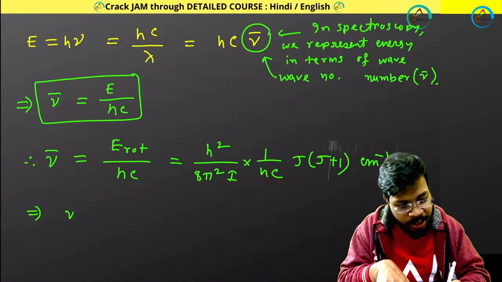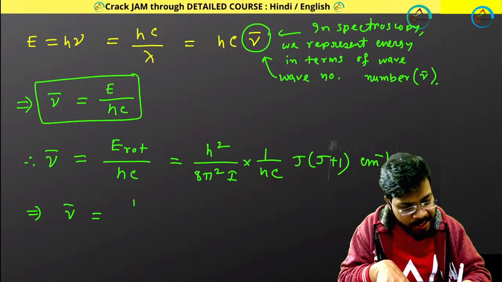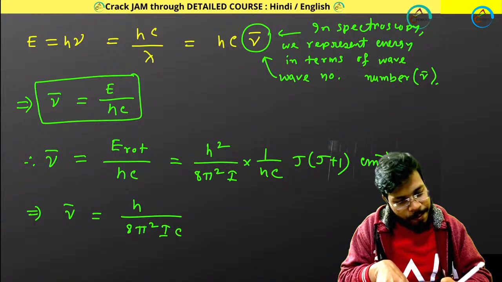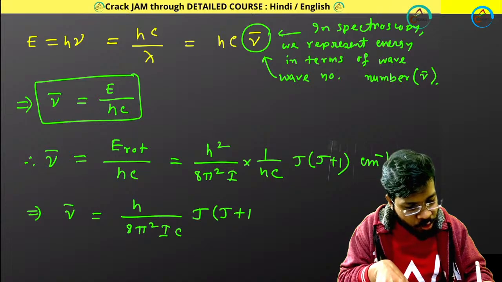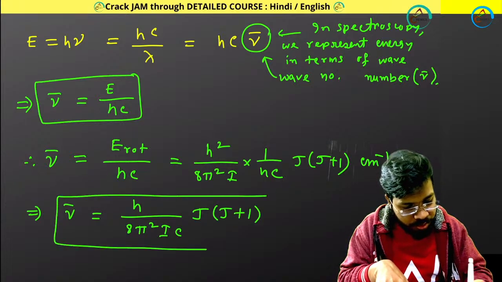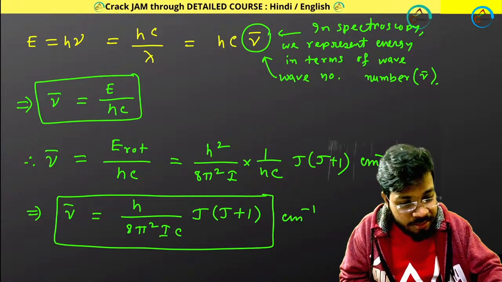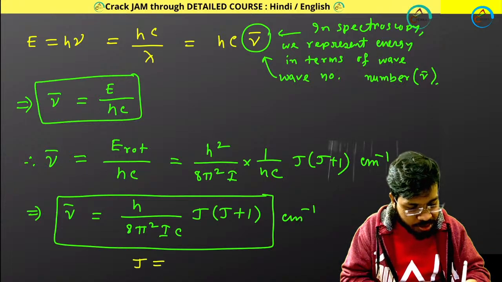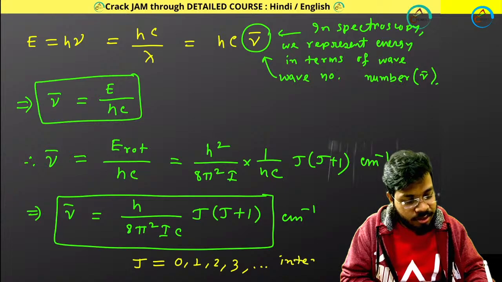Therefore we can write nu bar equals, if you do the calculation, h divided by 8 pi square I c, multiplied by J into J plus 1, and this is the value in centimeter inverse, where J equals 0, 1, 2, 3, dot dot dot, integer values.